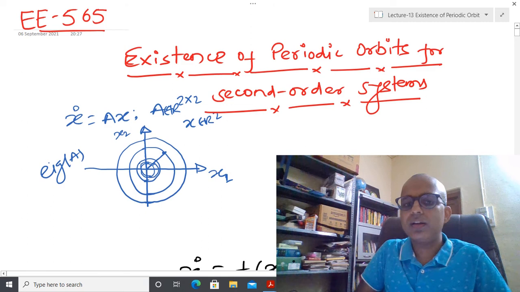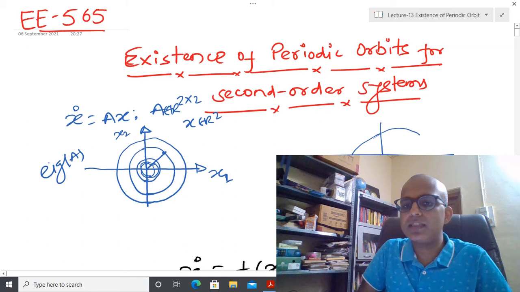What we found is that using some kind of non-linear circuit, and in the previous class we saw the tunnel diode, it is possible to construct again a periodic kind of orbit which has a little bit different behavior. Suppose this is my orbit.